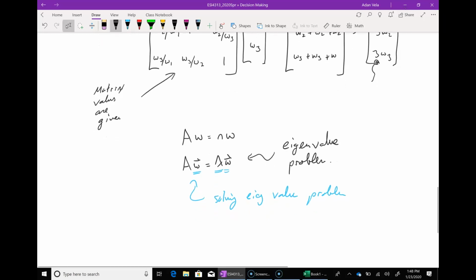It does two things. One, it will solve for W bar.